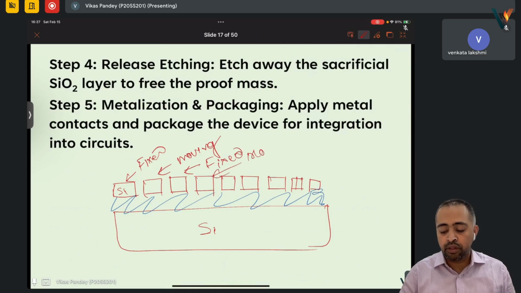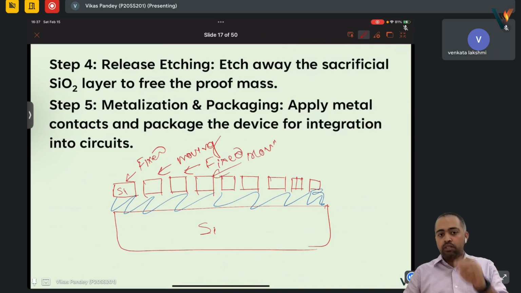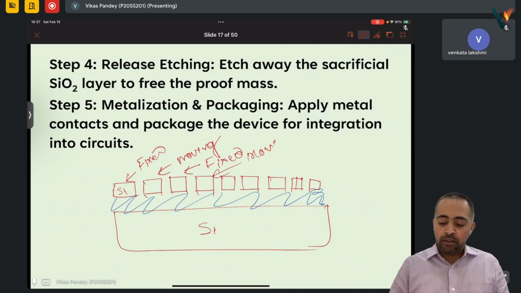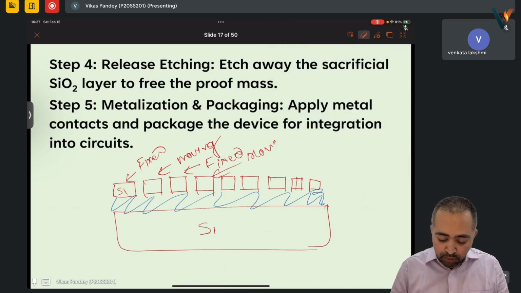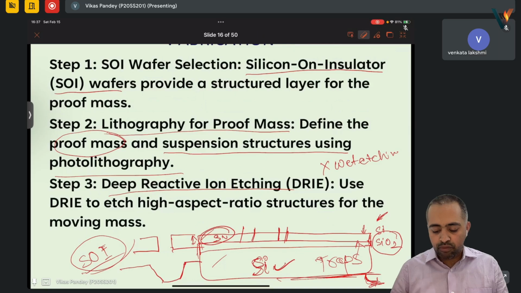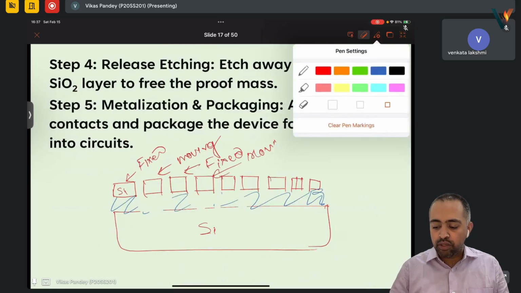Okay, so to make this moving, what we will do is remove the SiO2 from below it. Whatever fixed we wanted, we will keep it. For moving ones, we will remove.